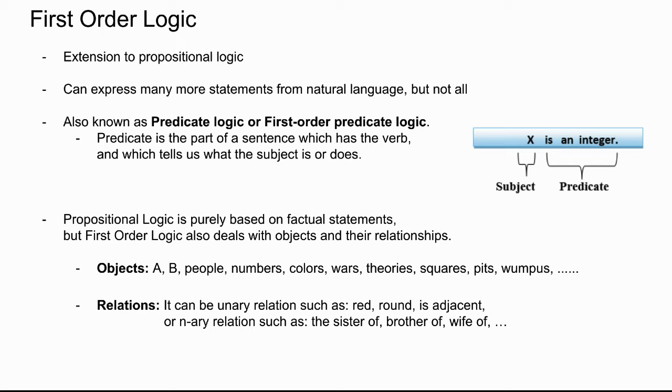So what does unary mean? Unary means that it is the relation of the object with itself. It is basically some property of the object, and you do not have to invoke another object to define a unary relation. So I can ask whether my object is red or not. I can ask whether my object is round or not, and so on.